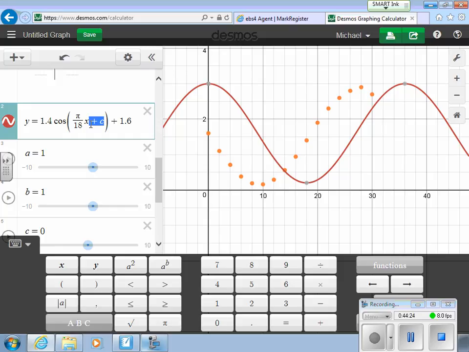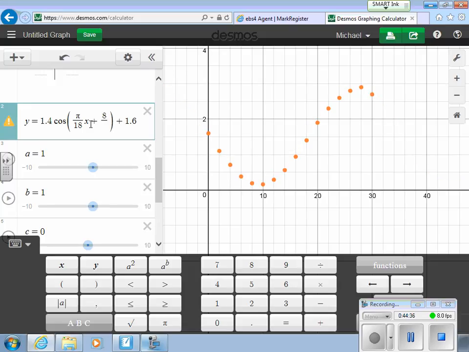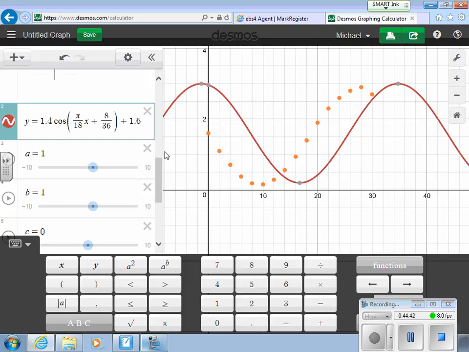And we've already said it wants to be minus, didn't we? No, plus 8 over 36. I've gone wrong somewhere. Must be minus 8 over.